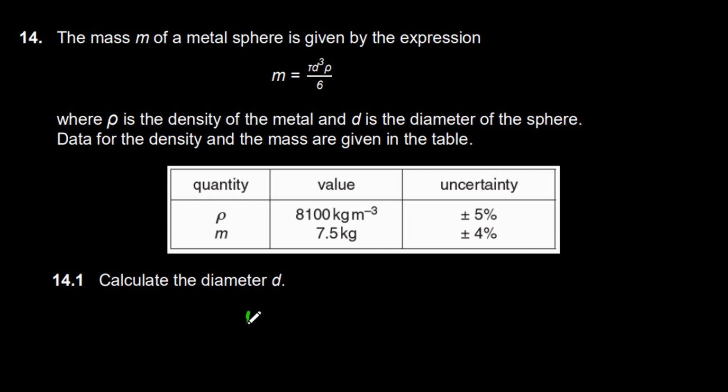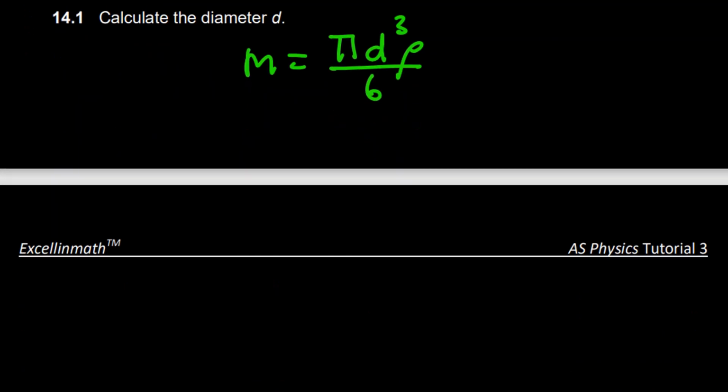So we have our equation. In order to find d, we first have to make it the subject of the formula here. So we can start by multiplying through by 6 to get rid of the fraction here.